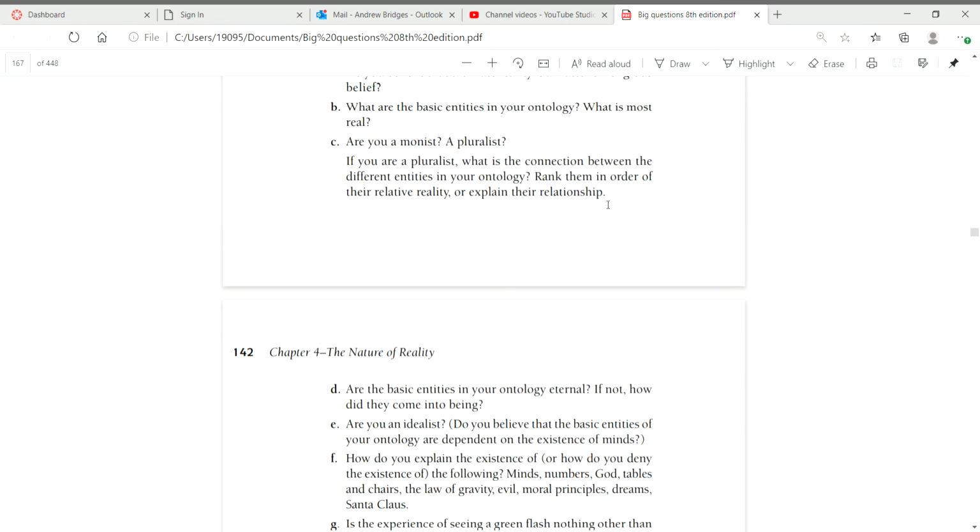So suppose you're a pluralist and you think that both bodies and souls exist and they're two different substances. Then how can they possibly interact? How can your soul and your body interact? And which one is more real, your soul or your body, and why? If you're just a monist and you think everything is one substance, what is that substance?